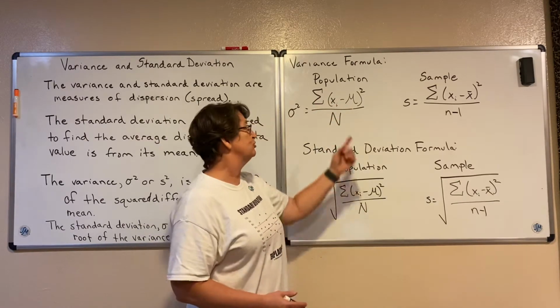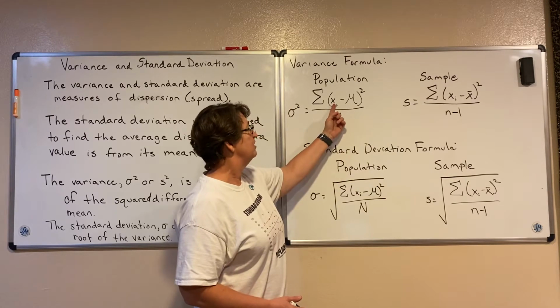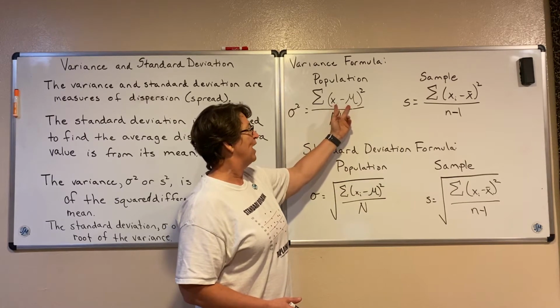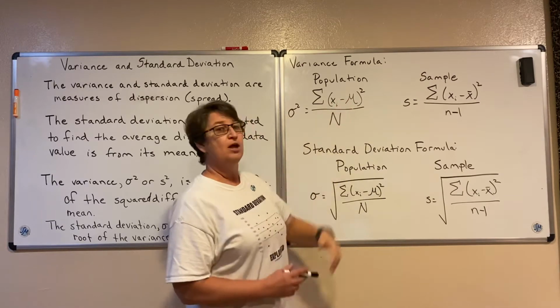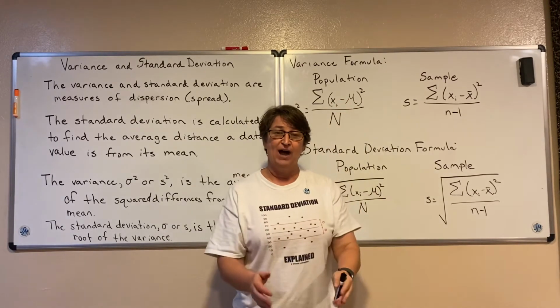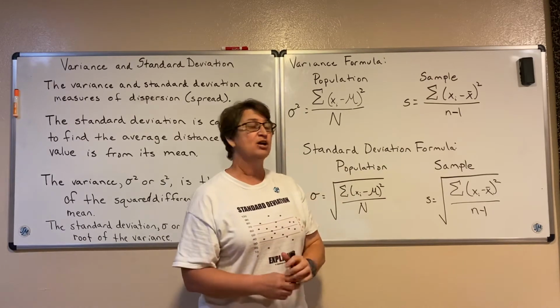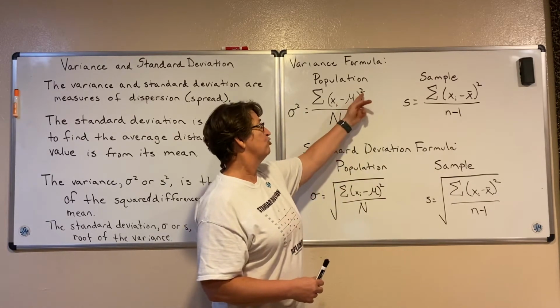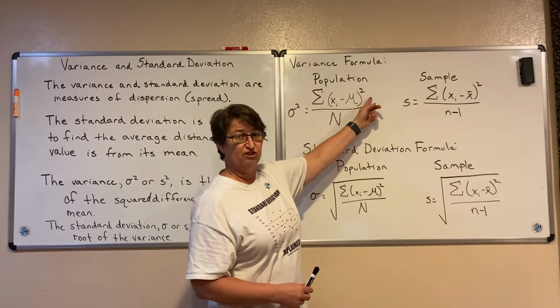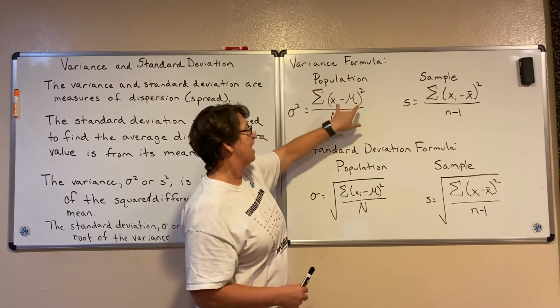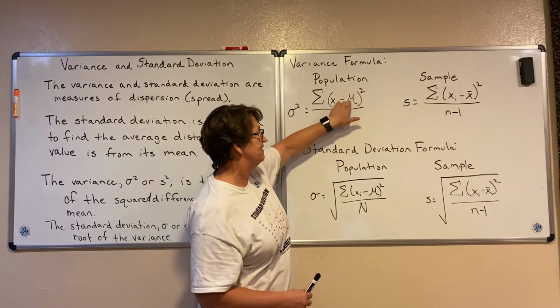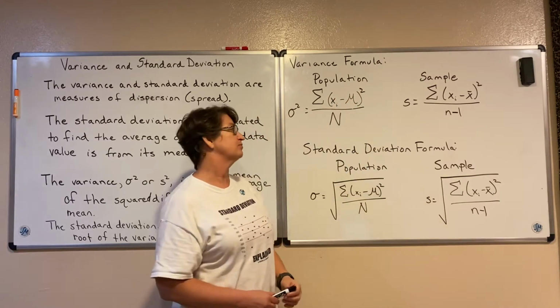Then what I'm going to do is take each of my data values and find out how far away it is from the mean. I'm going to subtract them to find the differences. But instead of finding the absolute value like we did with the MAD, instead I'm going to square those differences. So we're going to find the mean of the squared differences from the mean.